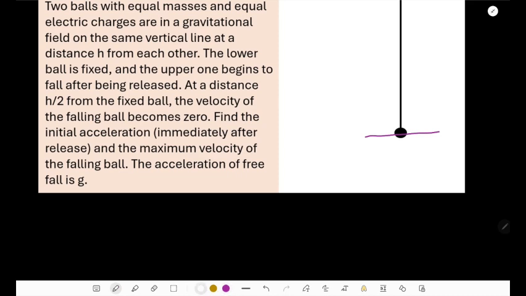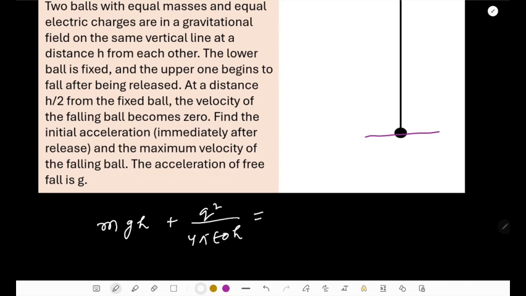The initial energy of the falling ball will be mgh, the gravitational potential energy, plus the electrostatic potential energy, q square over 4 pi epsilon naught h.